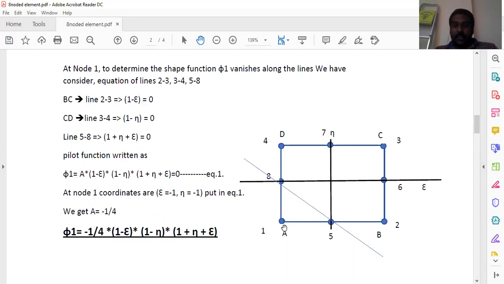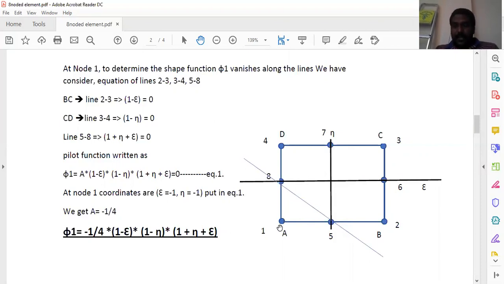Here one thing you can see: when you are finding the shape function for node 1, this phi 1 value will be equal to 1. Consider phi 1 value equal to 1. And select the lines such that all nodes are covered except the node for which we are calculating the shape function; that node should not be considered.